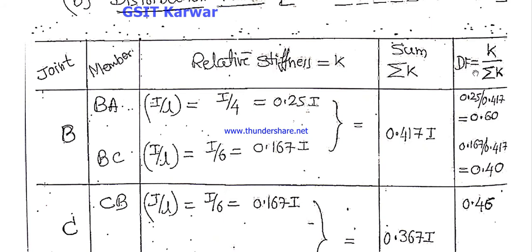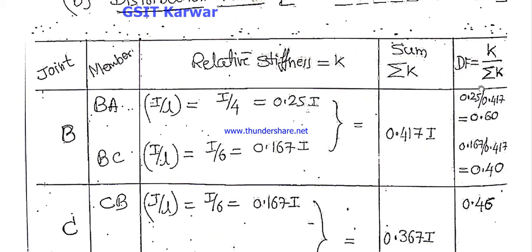Finally, the last column is the distribution factor calculation. The formula is very important. You should remember it, and in every problem you should write this table. It is compulsory. The distribution factor is K divided by summation of K. We already calculated both, the relative stiffness K and the summation of K, so you can substitute.